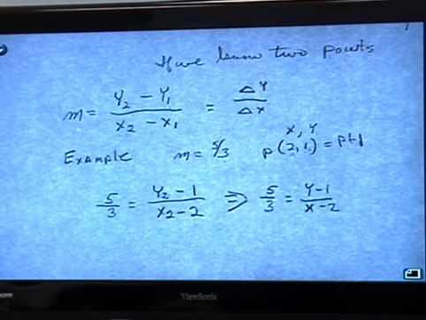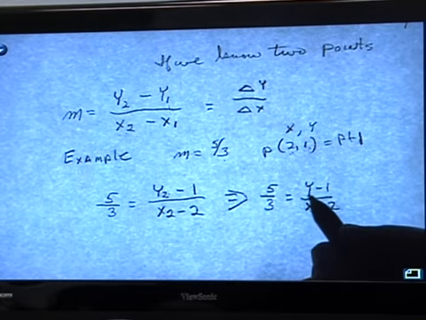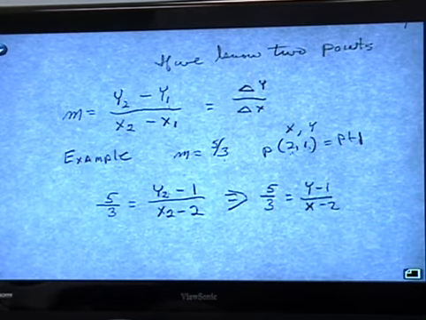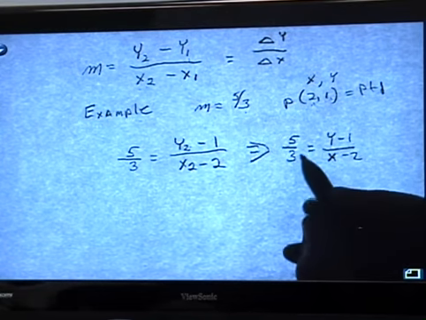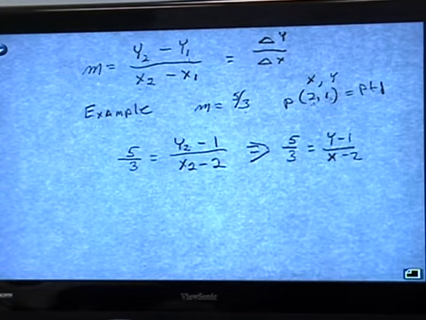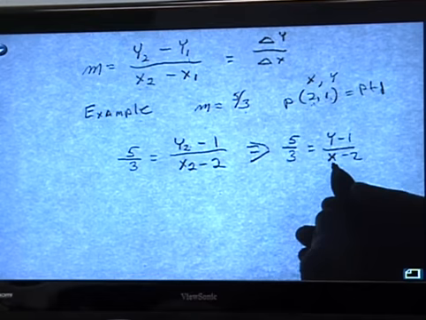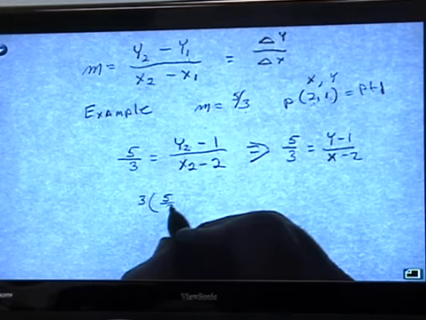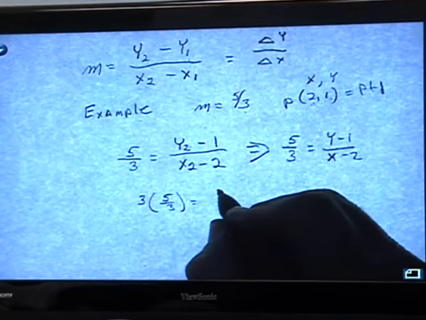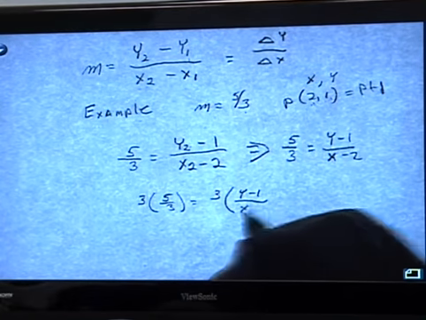Now, let's solve this equation for y. When we solve this equation for y, we want to make y stand by itself. Well, the first thing we can do is multiply both sides by 3. I'll take this through step by step to refresh our memory of algebra. So if we multiply by 3, we get 3 times 5/3 equals 3 times y minus 1 divided by x minus 2.